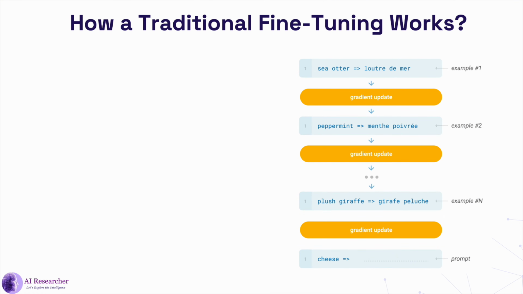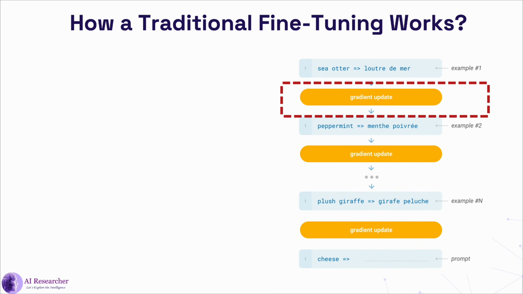Next step we can see the gradient update. After completing example task number 1, the model performs a gradient update, and this is a step in the learning process where the model actually adjusts its parameters, or you can say weights, based on the error it made while learning the task, and therefore the model is able to improve its performance.